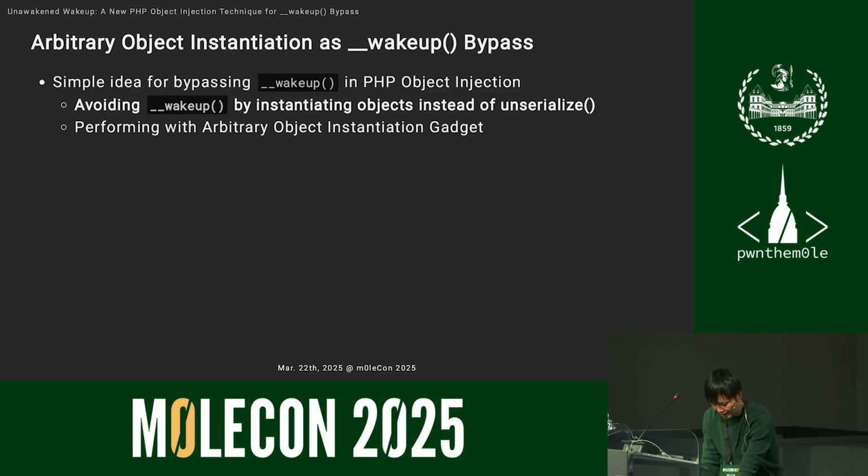The concept behind the proposed __wakeup bypass technique is straightforward. The idea is that __wakeup protection is only relevant when using unserialize. So if an object can be instantiated directly, the restriction no longer applies. And this approach works as long as there exists a gadget that allows arbitrary object injection.